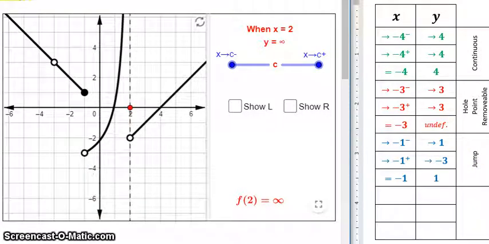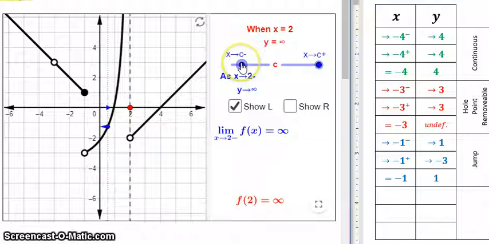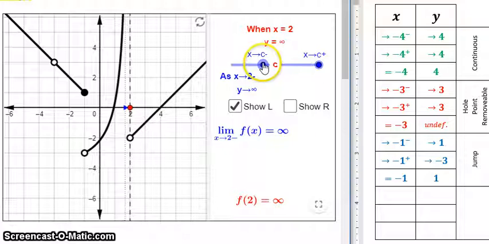Our last type of discontinuity is the infinite discontinuity, which is basically the vertical asymptote here. As I approach positive 2 from the left side, my y value is climbing and climbing, and the closer I get to positive 2 from the left side, the higher the y value gets, so basically it's going off to infinity.